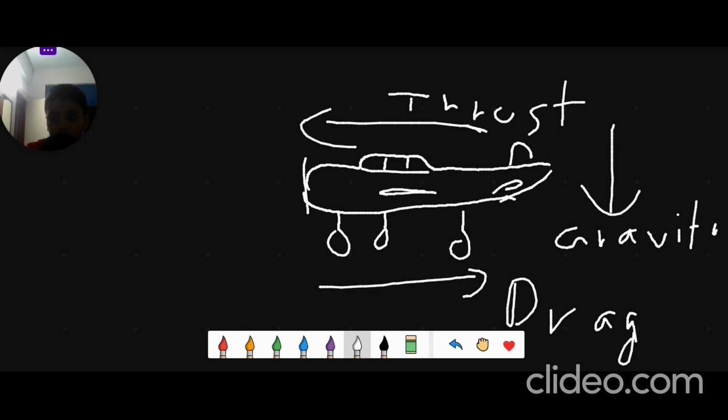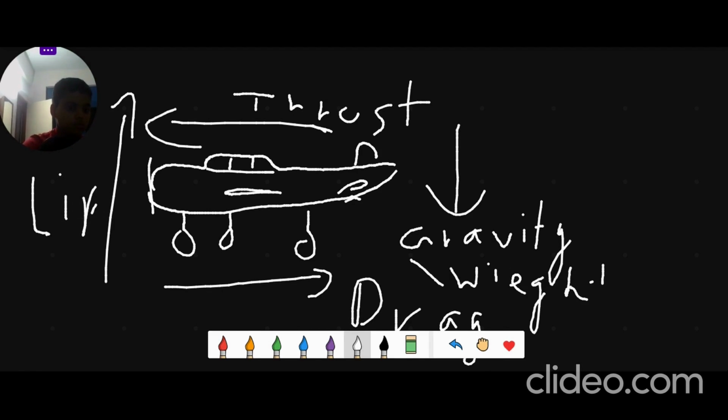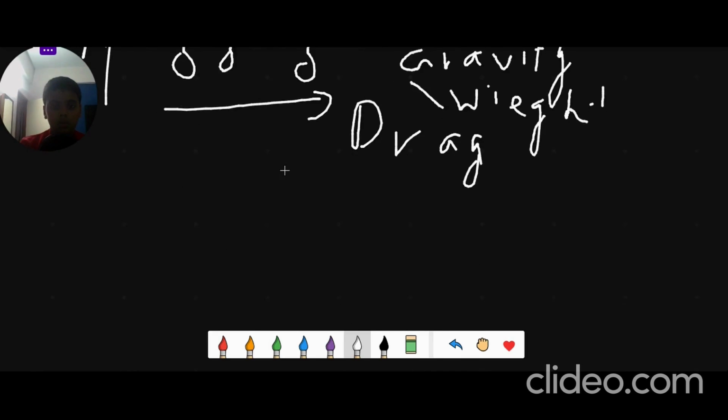However, in aviation terms, it is known as weight. And then the one that makes you go up is pretty obvious, lift.